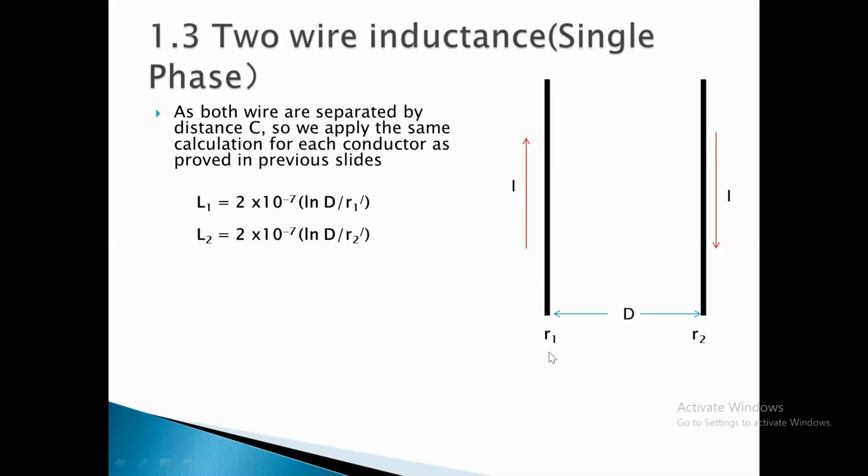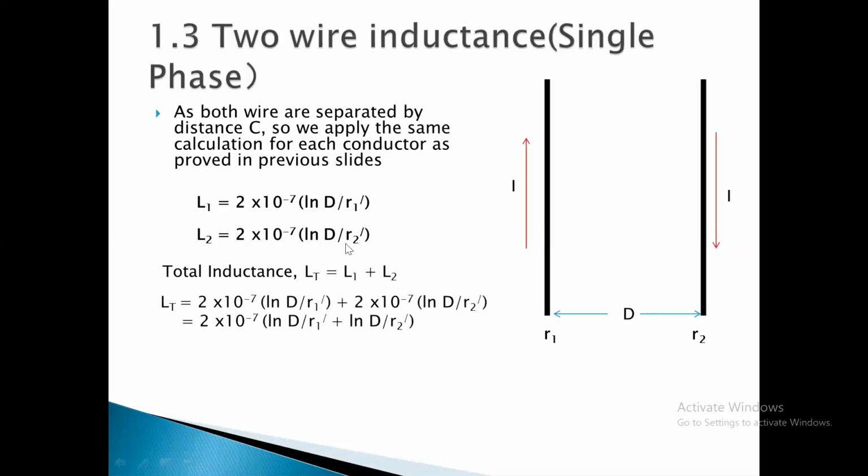By including the distance R1, I get the effect of this conductor. By including the distance D, we find the effect of this point on this line. At this point D, I will also include this. So I will just add these up and then I will get the total inductance.